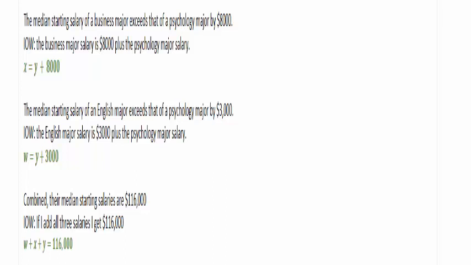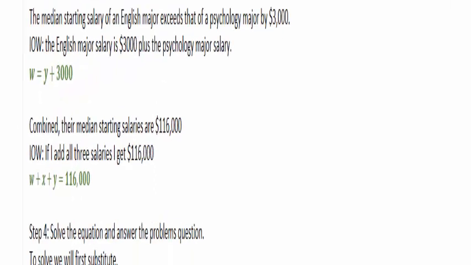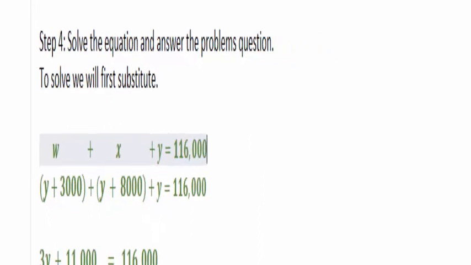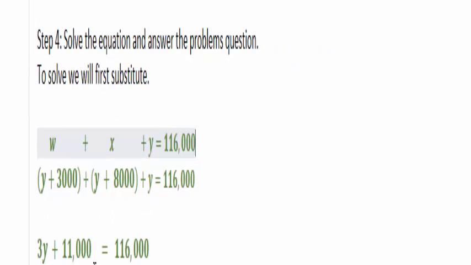For W, I'm going to put Y plus 3,000. For X, Y plus 8,000. And then just keep Y. Next, I'm going to combine my like terms and solve. So I've got 3 Y's, and then 3,000 plus 8,000 is 11,000. So I have 3Y plus 11,000 equals 116,000.